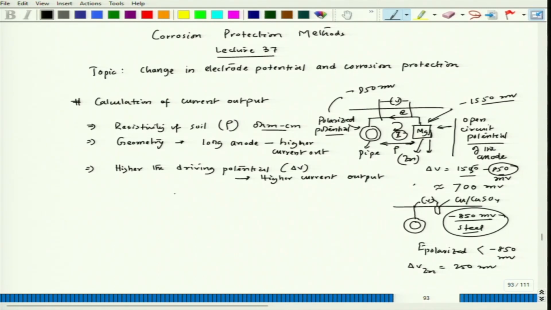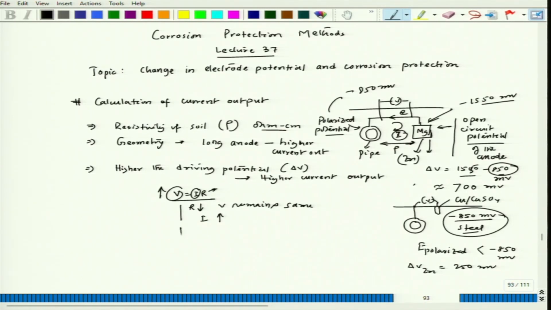Now, the basic equation is nothing but V equal to IR. So, if V increases and R remains the same, then definitely I would increase. If R decreases and V remains the same, I would go up.